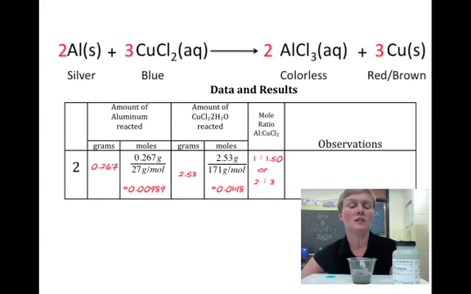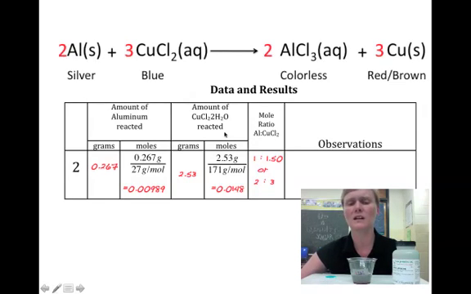When we do the ratio for this one, by dividing 0.00989 into both numbers, we get 1 to 1.5. Or if we get rid of the decimal, that is a 2 to 3 mole ratio. Now keep in mind, that's what our recipe says we need.